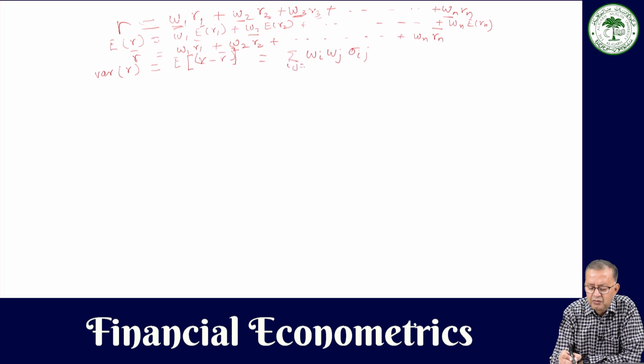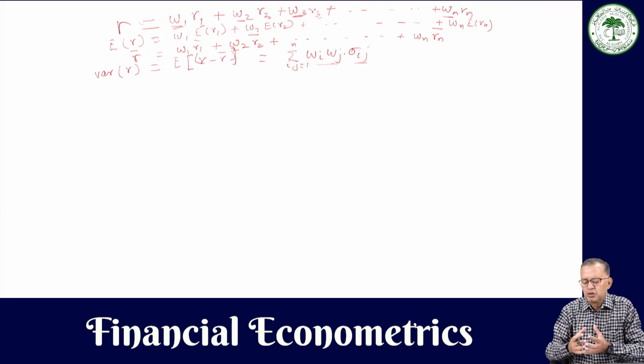What does this Wi Wj sigma ij tell us? It captures both the variance factor and the covariance factor. When i is equal to j, this becomes simply sigma square, so that will be the variance. When i is not equal to j, this will be the covariance between the two assets, how the returns on the two assets are correlated.